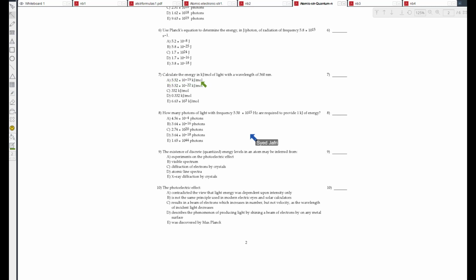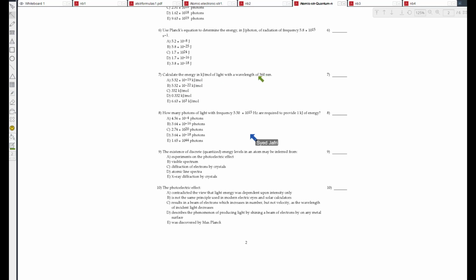You have to look at what you need, per mole. This first answer A is joules only. So if I divide by 1,000, I get the answer in kilojoules, which would be to the negative 22 power, so then it's B in kilojoules.